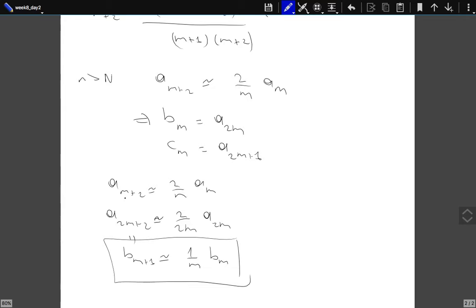Now let's look at c_m. Instead of m, let me just put 2m plus 1. A of 2m plus 1 plus 2 is 2 over 2m plus 1 times a of 2m plus 1.